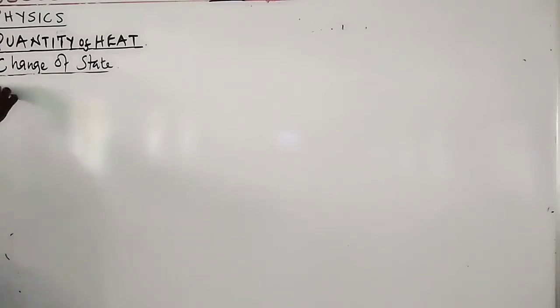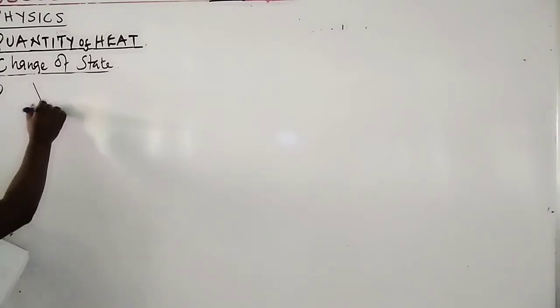So now we can go straight to part B, which says the figure below shows one method of measuring specific latent heat of fusion of ice.